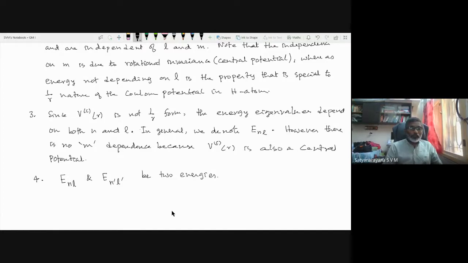Then if N prime is larger than N, let us first talk about a given L. Then En prime L is greater than ENL. Note that here L is fixed.